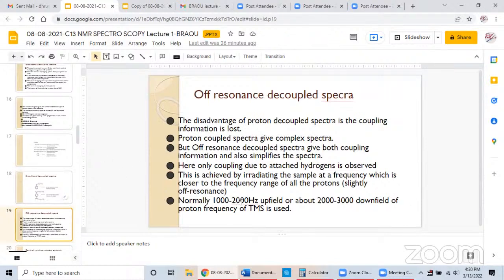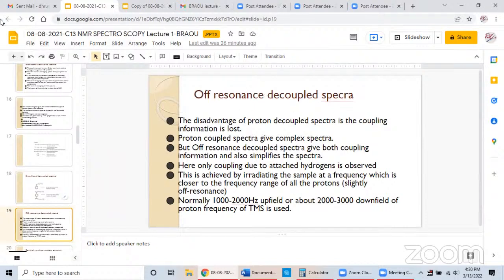Normally 1000 to 2000 hertz upfield of normal proton frequencies, or about 2000 to 3000 downfield of proton frequencies of TMS is used. In between, proton signals are observed in the proton NMR spectrum, but we are using slightly upfield of TMS and slightly downfield of TMS as a decoupling frequency. So that's why we call it off resonance.